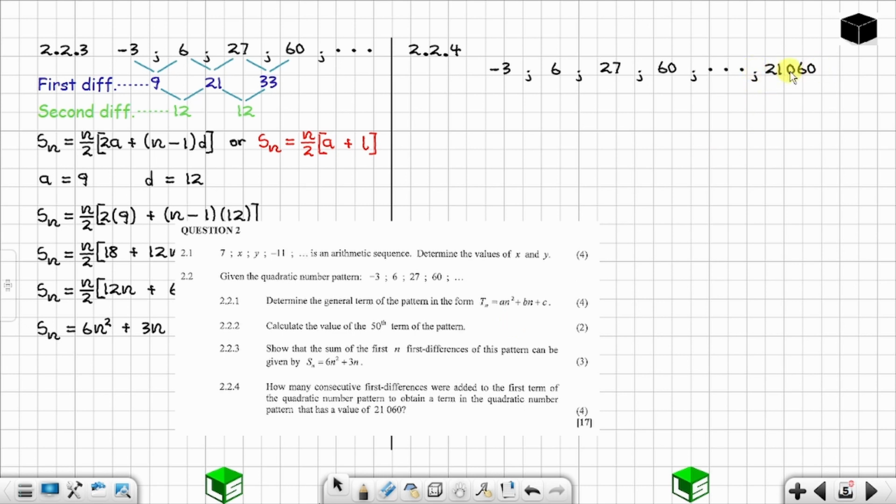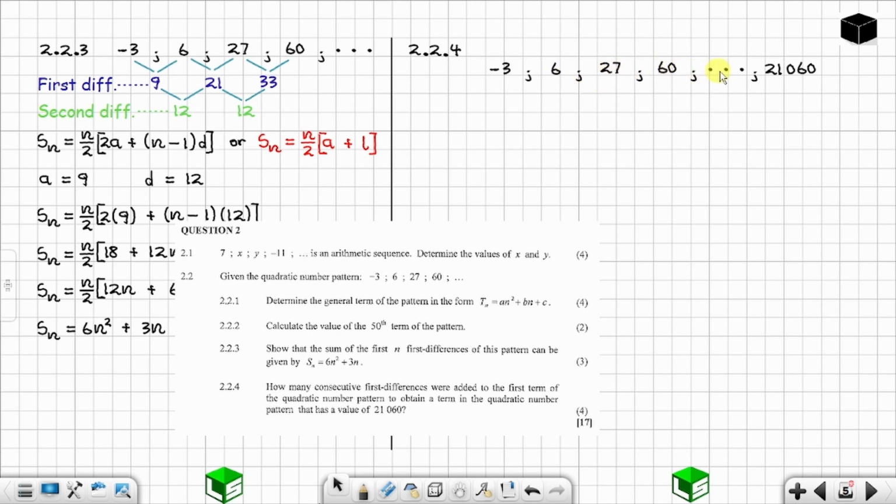Like this. Can you see? This is a term in the quadratic number pattern that has a value of 21,060. So you have -3, 6, 27, and 60.